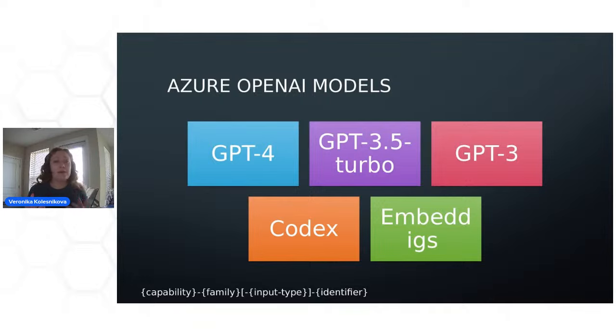Again, it depends on what kind of application you are building. Actually, Microsoft recommends to start with the most powerful one and then kind of downgrade it to see if maybe the least powerful one can still perform well. The less powerful the model, the less you are paying.